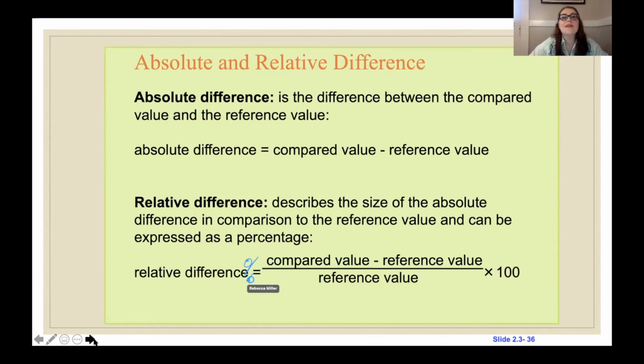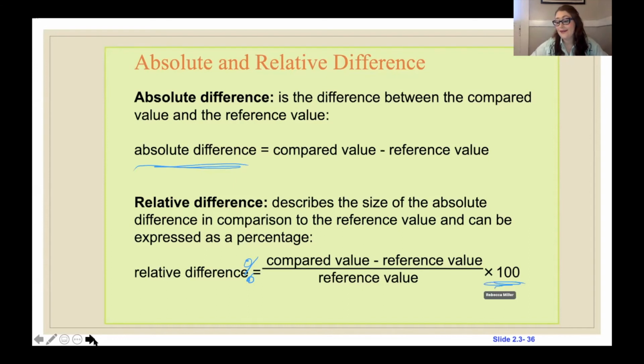So the absolute difference is the compared value minus the reference value. And the relative difference describes the size of the absolute difference as compared to our original reference value. And we express that as a percentage by multiplying it by 100.